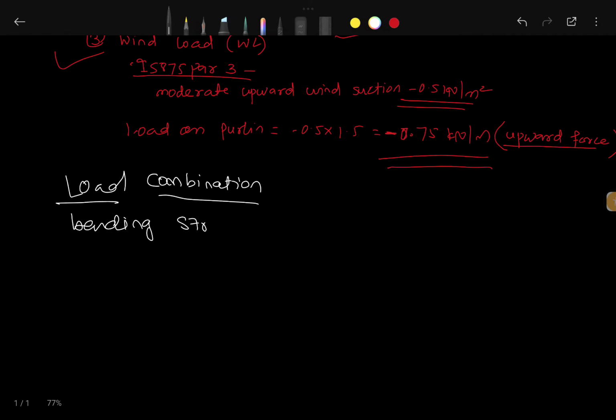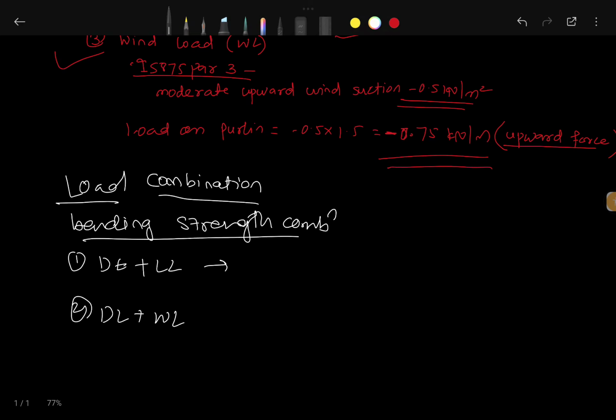For this bending strength calculation, we have two loads: dead load plus live load, and second one is dead load plus wind load.